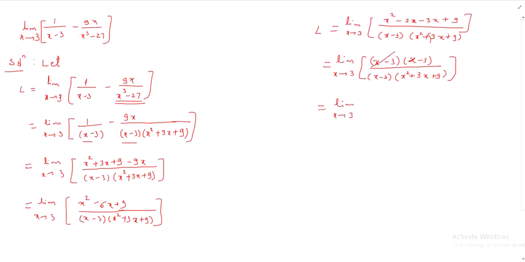Here this common factor gets cancelled and we collect the remaining factors, x minus 3 upon x square plus 3x plus 9.